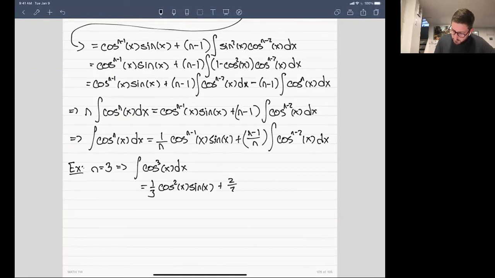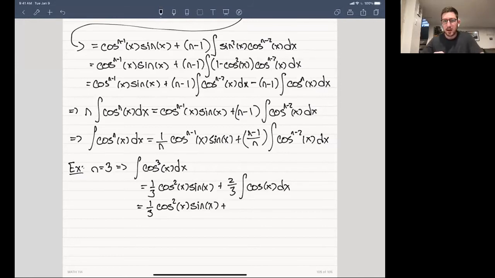Plus 2/3 the integral of cos to the power of 1. That's just cos. So this now gives me 1/3 cos squared x sine x plus, now I just have an antiderivative of cosine, so this is 2/3 sine of x plus c.